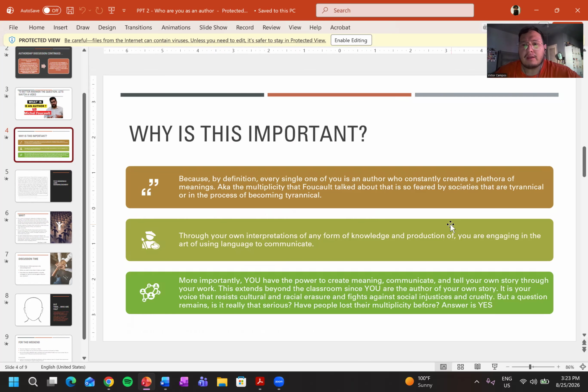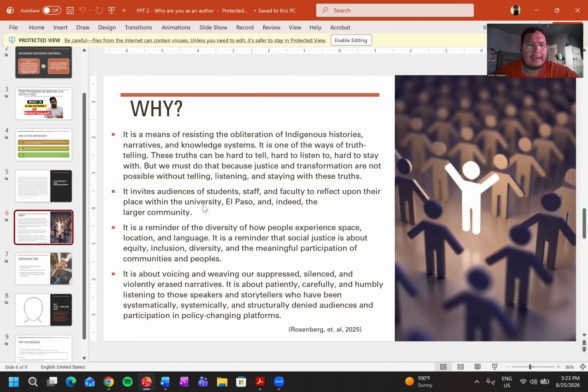So again, multiplicity is important. We're going into a time that is becoming extremely tyrannical. Therefore, more and more multiplicity is going to be, I guess, pursued, in the sense of being badly pursued, right? And so again, it is a way of us trying to resist the obliteration, in this case, of indigenous histories, narratives, and knowledge systems.